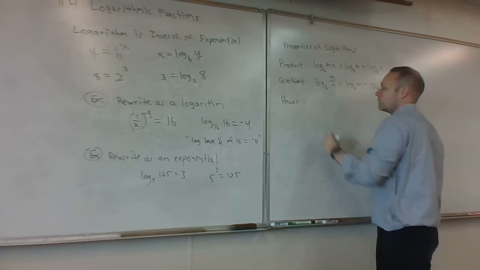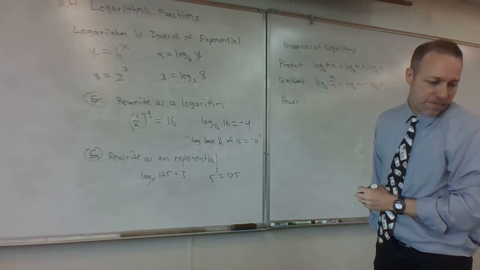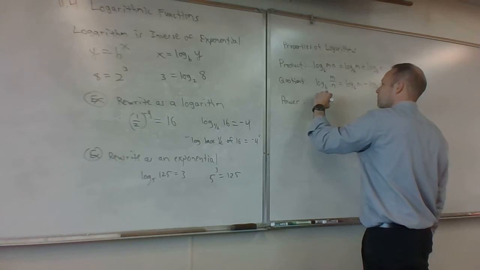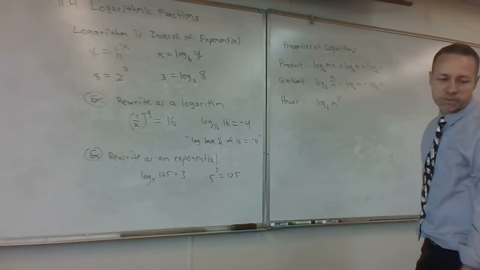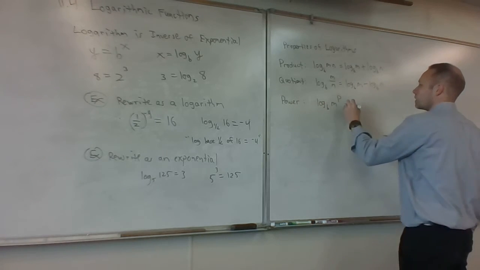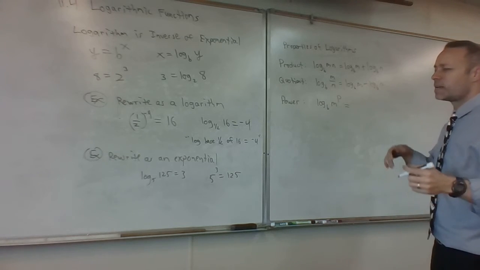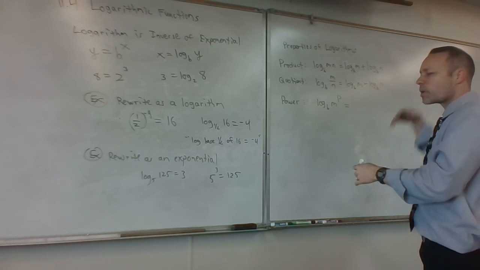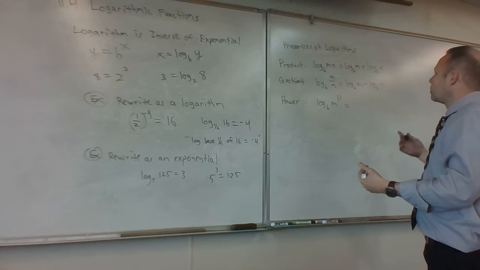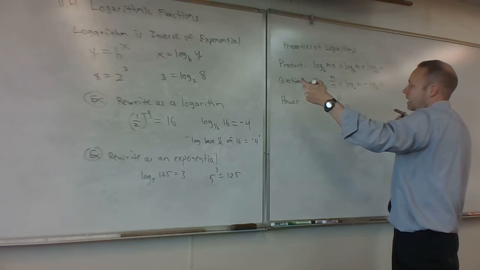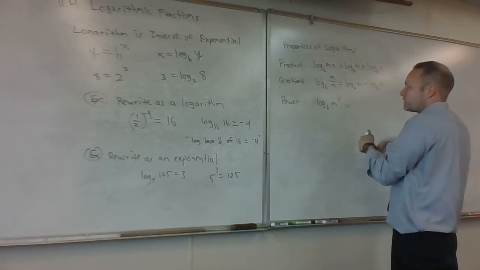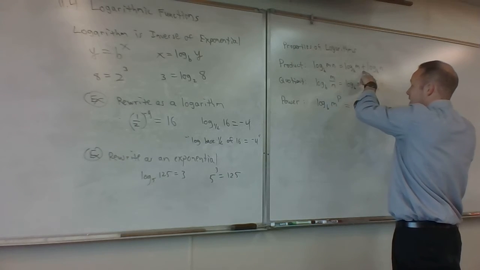Power rule. This one is very handy. We have log base b of m to the pth power. Well, when you have a power of a power, so here, if you have some base to the nth power times some base to the nth power, you end up adding the exponents, right?